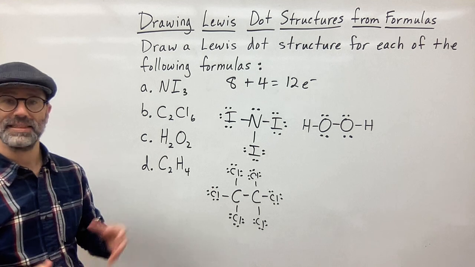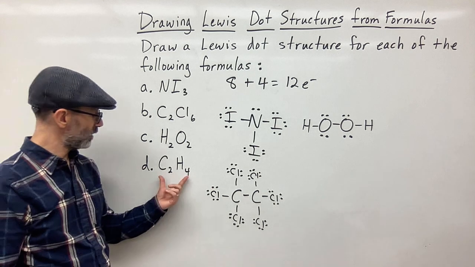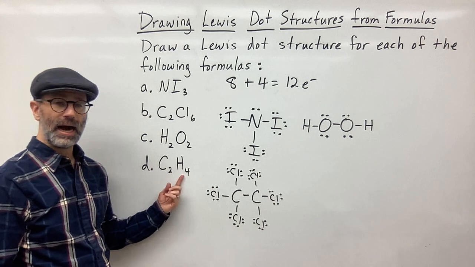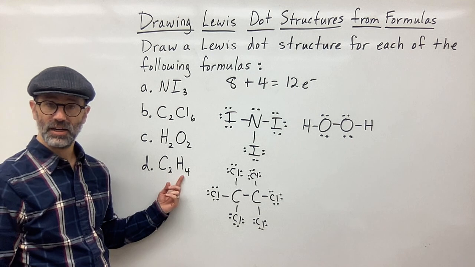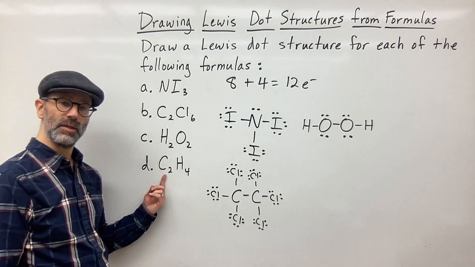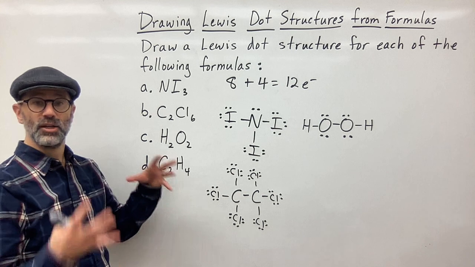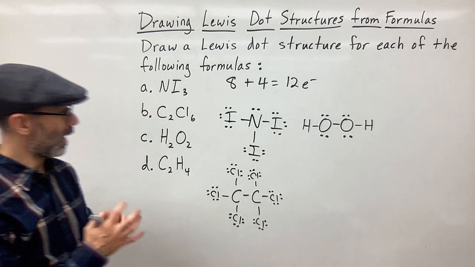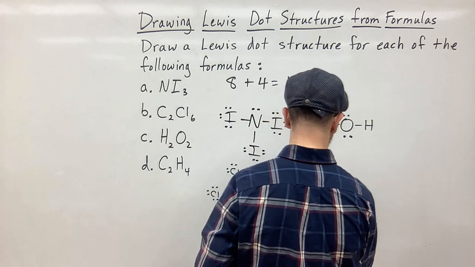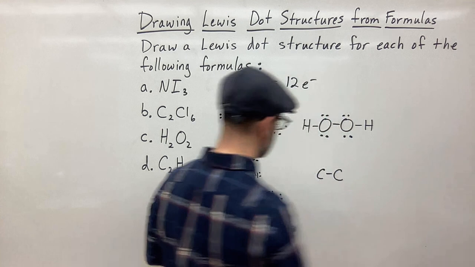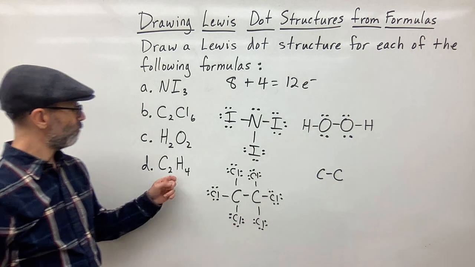Step 2 is skeletal structure. Again, notice that I have hydrogen and carbon. Hydrogen will never be a central atom, so it's got to be carbon. I have two carbons, so both of them will be the central atom. So I have more than one central atom bonded together, so I'm going to bond them together. And I have 4 hydrogens.